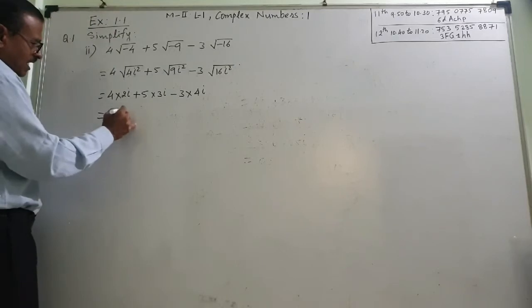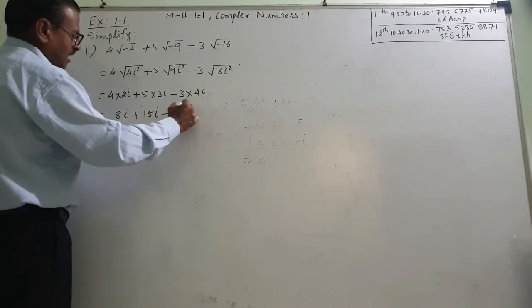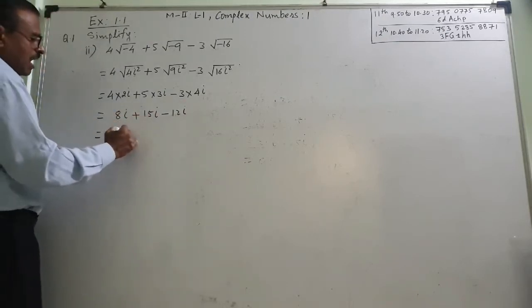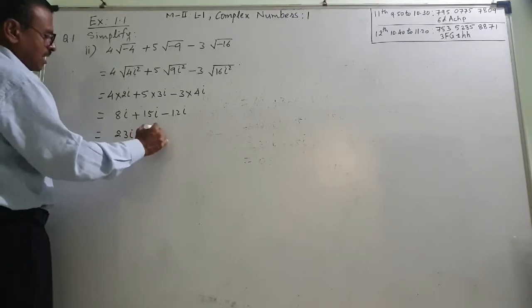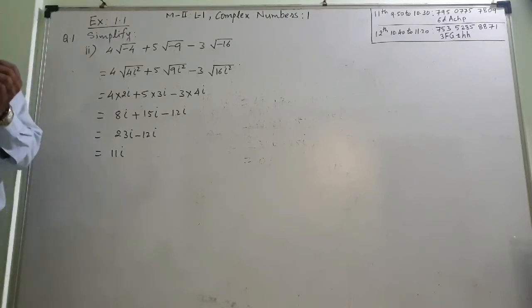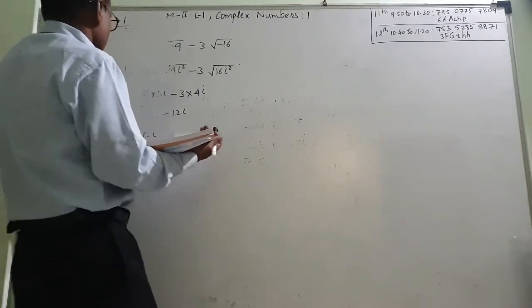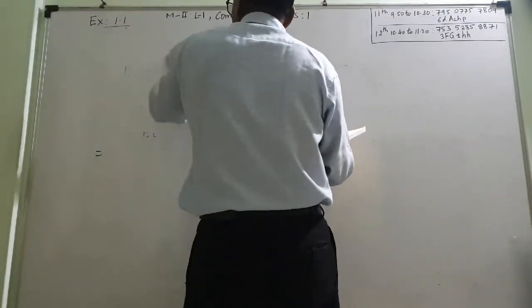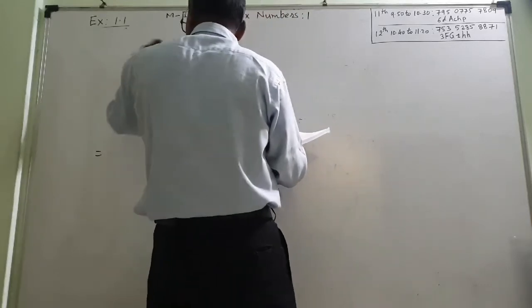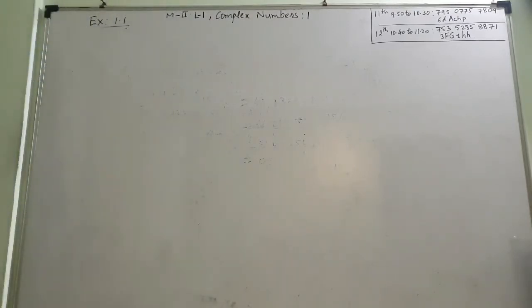That is equal to 8i plus 15i minus 12i. So this is 23i minus 12i, and that is equal to 11i. So this is the answer. Now from these two examples you might have got clarity.